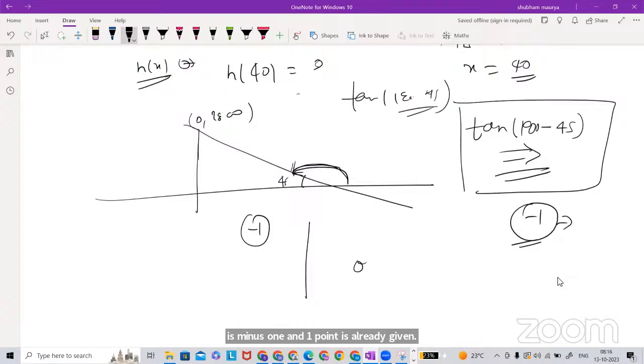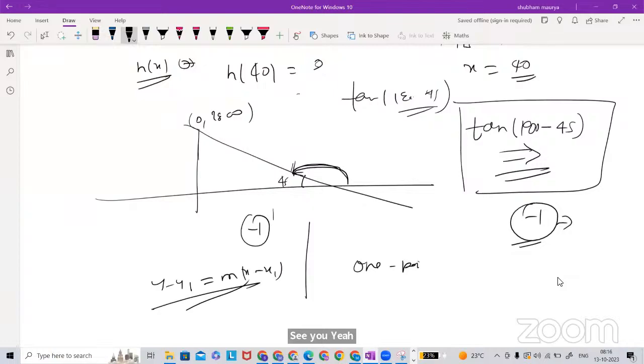So using the one-point formula, y minus y1 equals m times x minus x1, you can calculate the equation of the path of the Brahmos. Now you can calculate easily. Let me go with the next one.